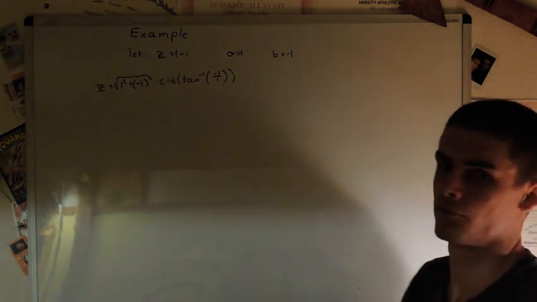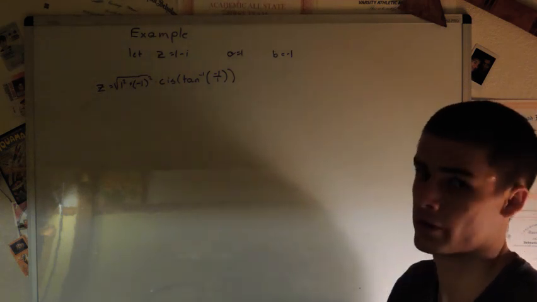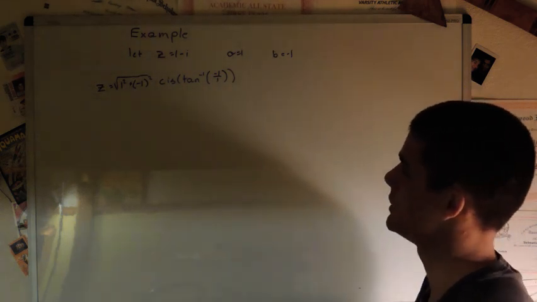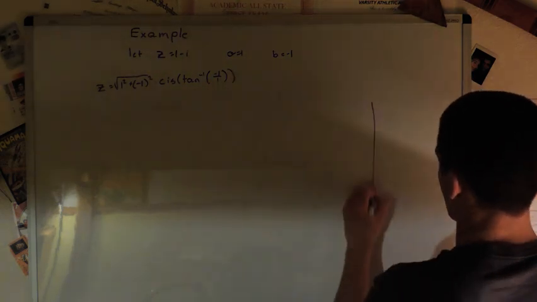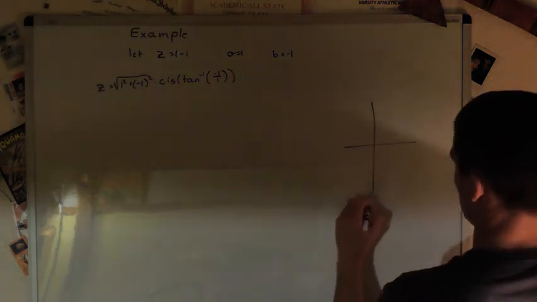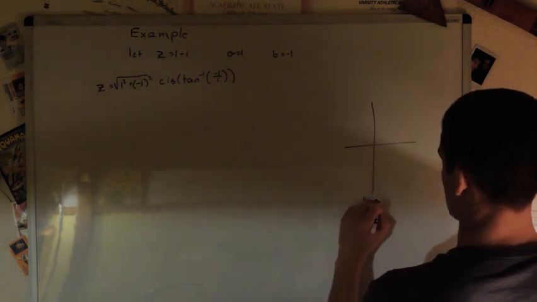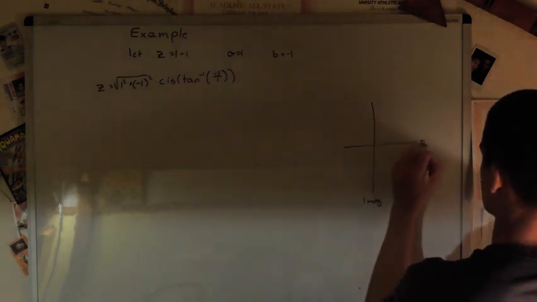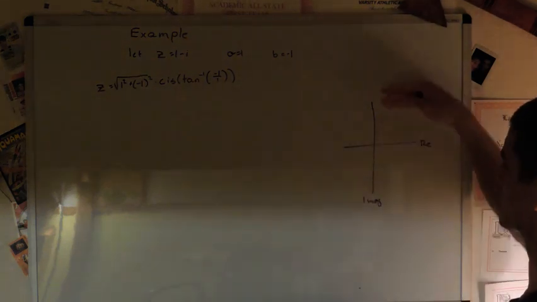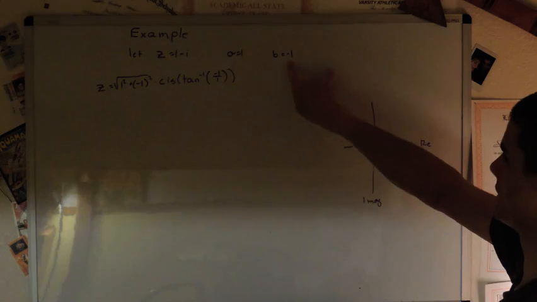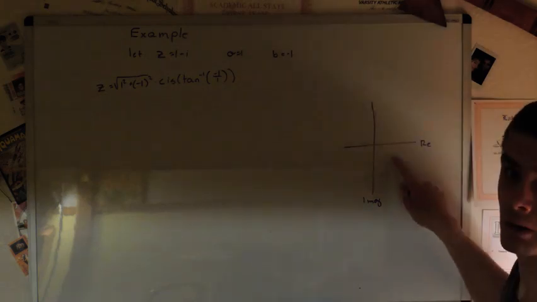Now we have to think about for which angle value does the tangent equal negative 1. If we draw out our argand plane here, this is our imaginary axis, this is our real axis. If a is positive, that means we're in either quadrant 1 or 4, and b is negative, meaning that we're in quadrant 4.